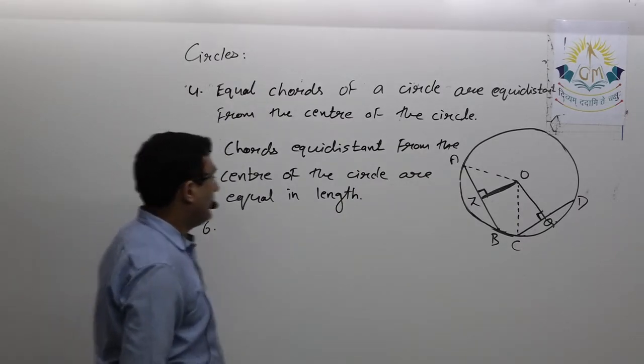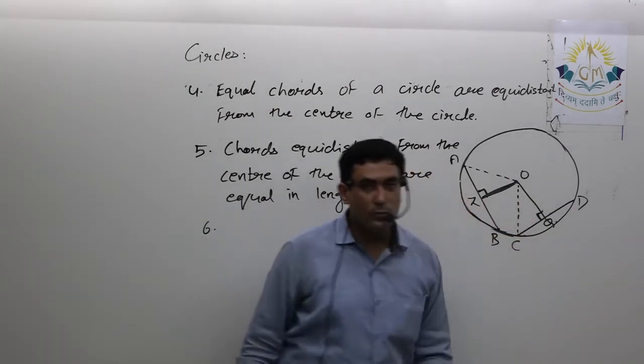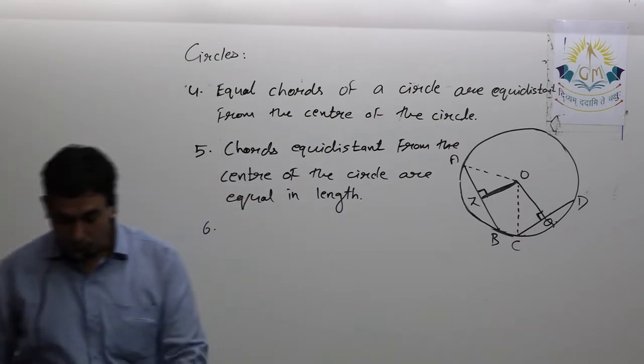Okay, so it's covered. That means if we have OZ equal to OQ, then AB equals CD.